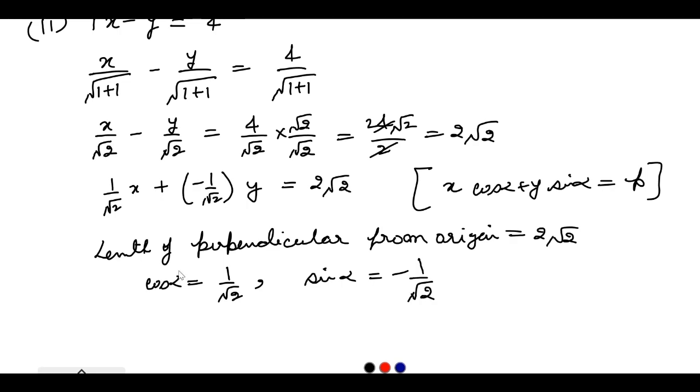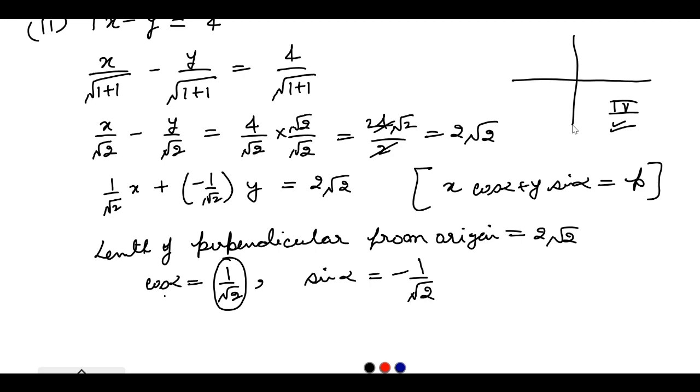We have to choose alpha such that cos alpha is equal to 1 upon root 2 and sin alpha is equal to minus 1 upon root 2. In 4 quadrants, this condition will be fulfilled in 4th quadrant. In this quadrant, cosine ratios are positive and sine ratios are negative. And this is the value of 45 degree.